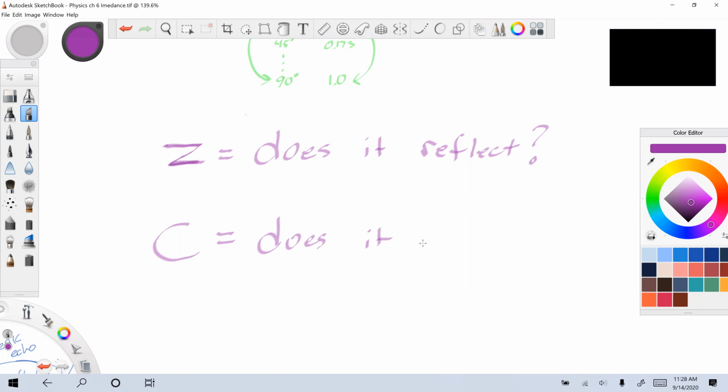Does it refract? Obviously, they're somewhat related, but this is really an important distinction. Speed of sound tells you whether or not something refracts. Z tells you whether or not something reflects.